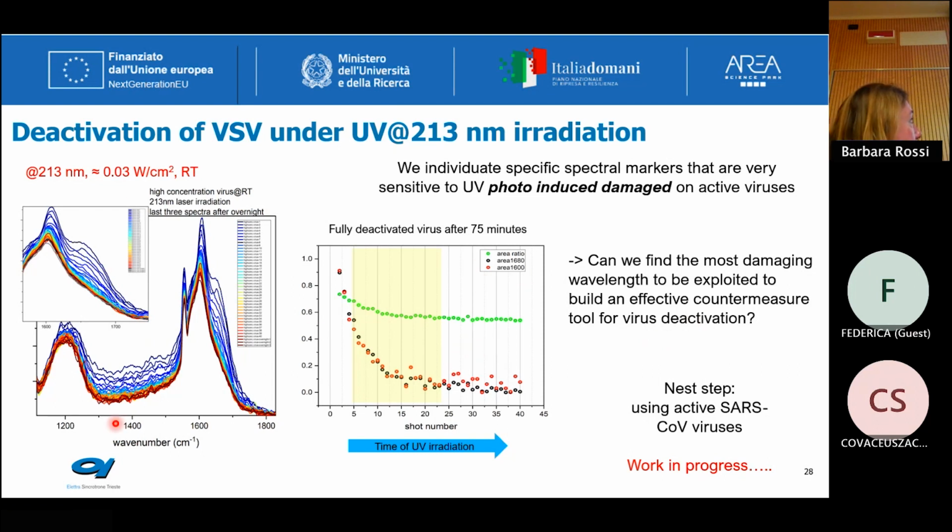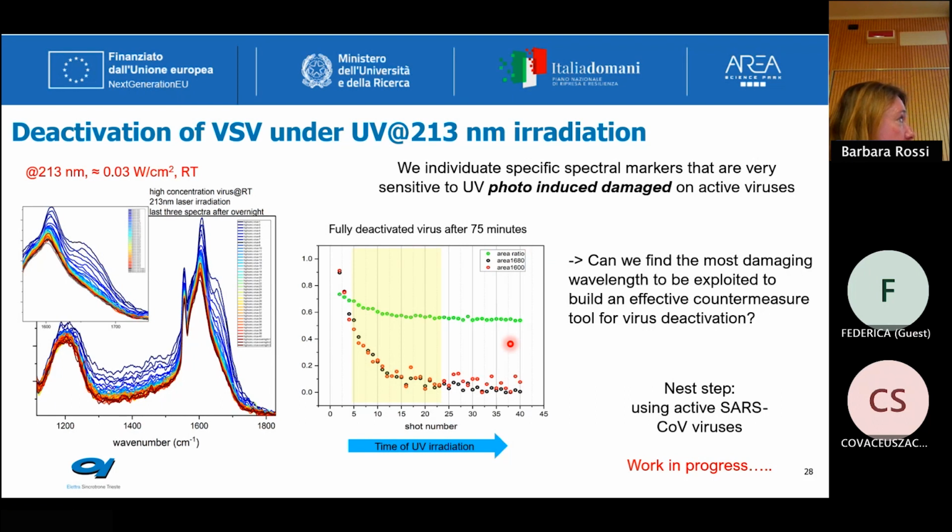And here we can see that if you collect the spectra as a function of time, we can identify specific spectral markers that change as a function of the time of irradiation, and we can use the spectral intensity of this marker as a sort of quantitative evaluation of the deactivation of the virus, which after 1 hour is completely deactivated.